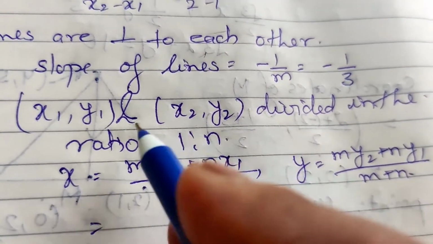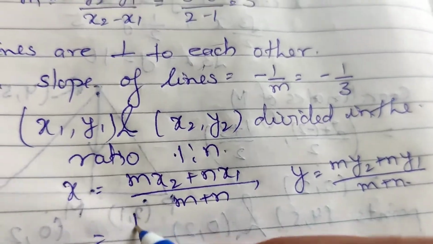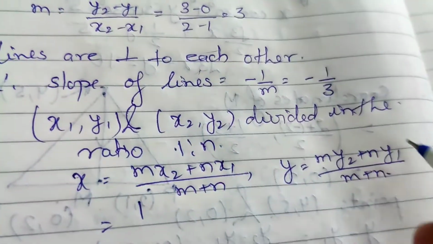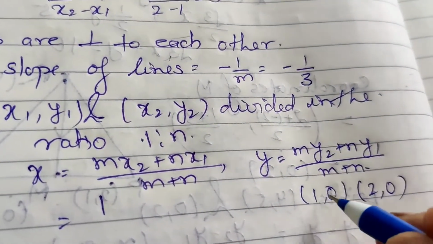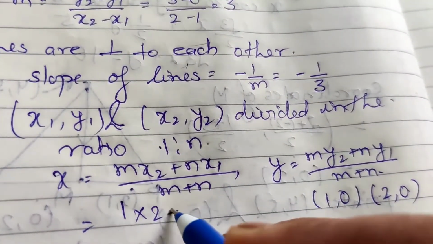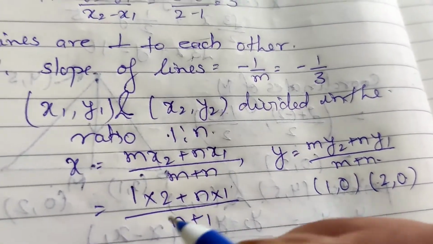Now m is 1, n is n. With points (1, 0) and (2, 3), x is (1 into 2 plus n into 1) by (n plus 1).